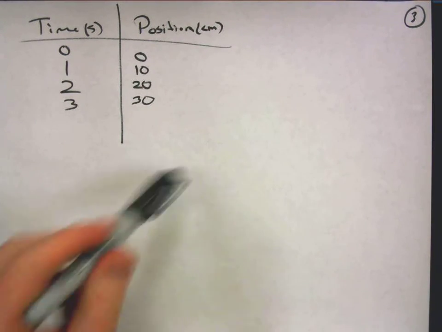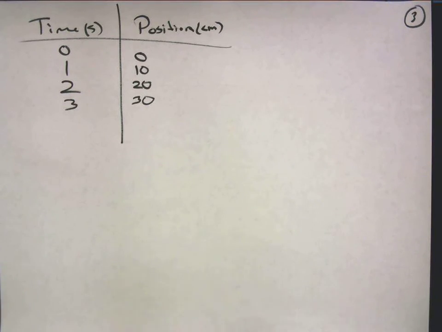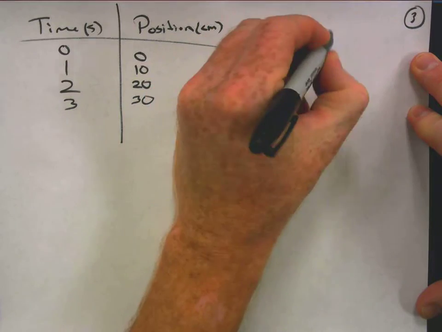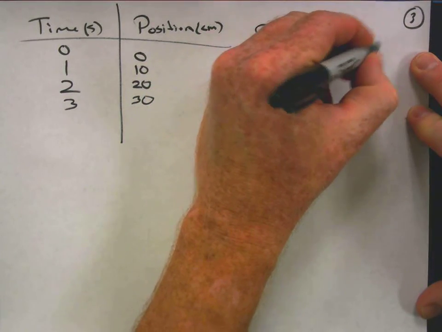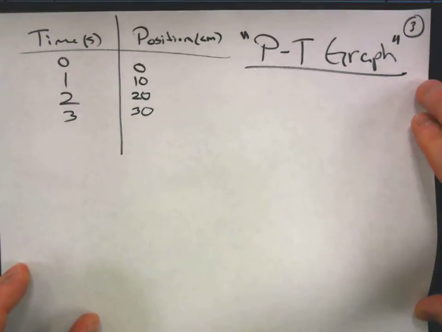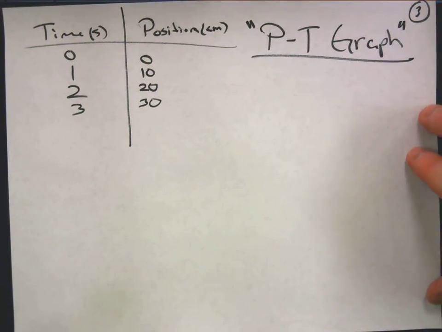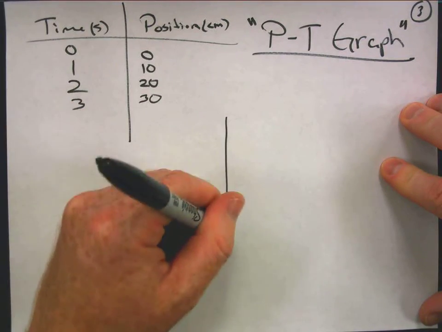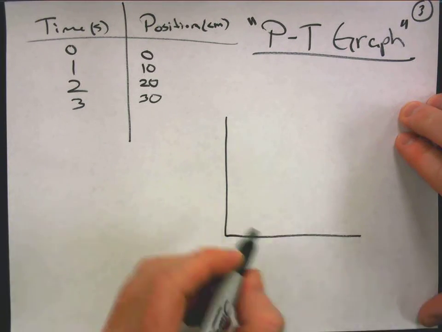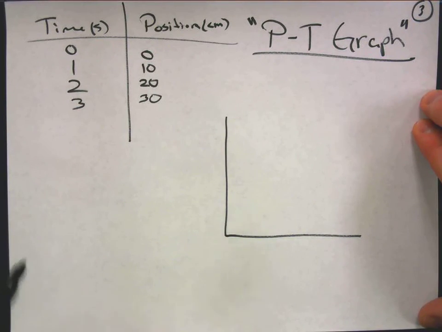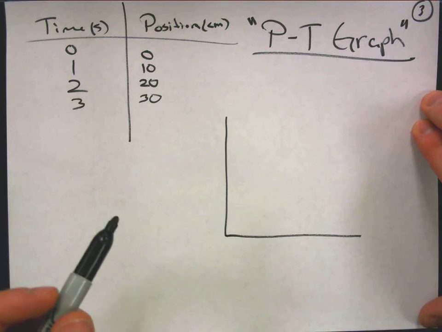Okay, so what's happening here? Well, we can graph the data, right? We're going to make what's called a position time graph, a PT graph. And real quickly, if you recall graphs, we need an independent variable and a dependent variable. Well, look at this.